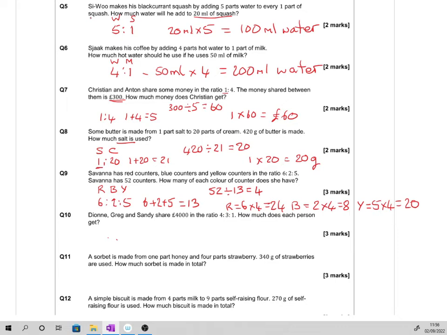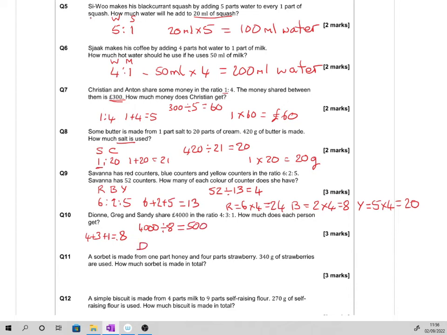Dion, Greg and Sandy share £4,000 in the ratio 4 to 3 to 1. How much does each person get? Right, okay, so 4 plus 3 plus 1 equals 8. 4,000 divided by 8, I think it's 500, yeah. 4,000 divided by 8 is 500. So each part of the share is 500.